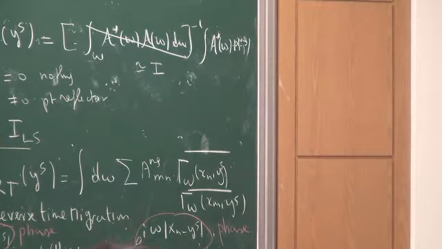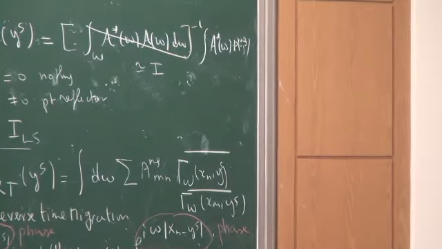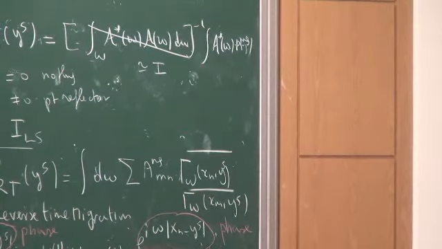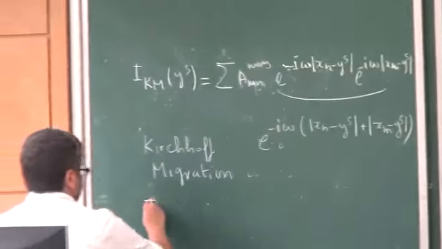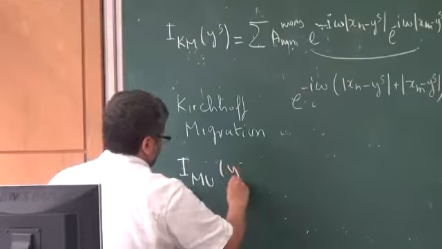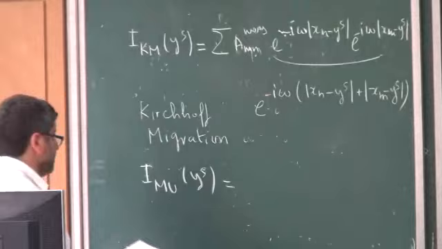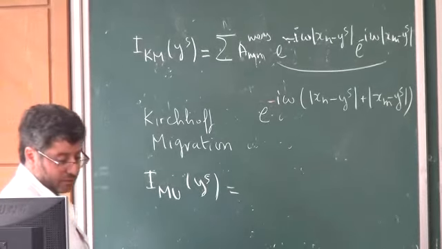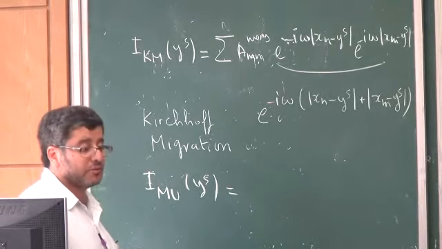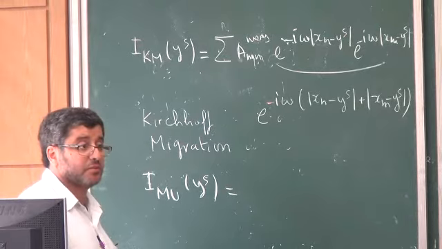Now, other algorithms. Other algorithms include the MUSIC algorithm. So what would be the imaging function of MUSIC? Actually, the MUSIC algorithm is one of these weighted subspace migration algorithms.